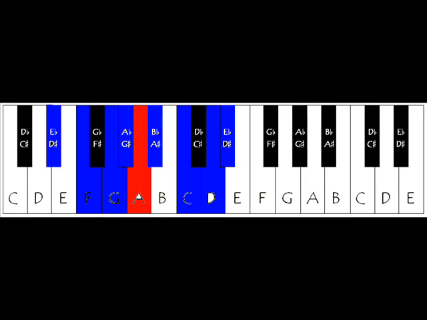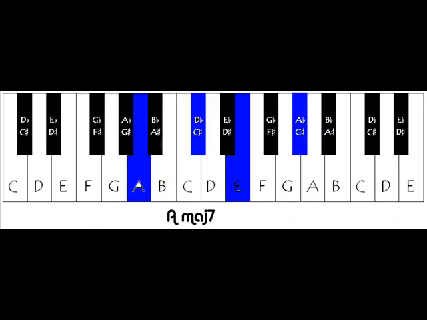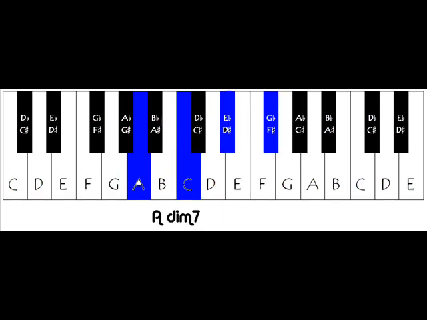Okay, so let's make A major seventh. Bear with me because I don't play keyboard. There it is. We're going to take the same formula. We flat the third, which is a C sharp, to a C. We flat the fifth and make it an E flat.